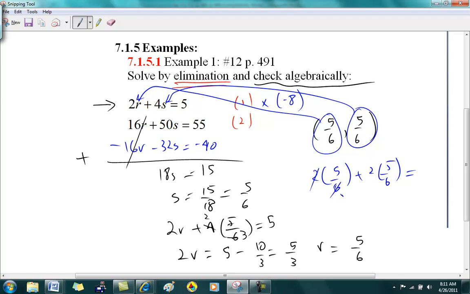So this is going to be 3, this is going to be 3, and I get 10 over 3, and I have clearly messed up somewhere. Should get a 5 there, right? Oh, sorry, my bad. This should be a 4. Okay, so then that should be 2, and this is 15 over 3, which is equal to 5, and that is indeed what I expect.